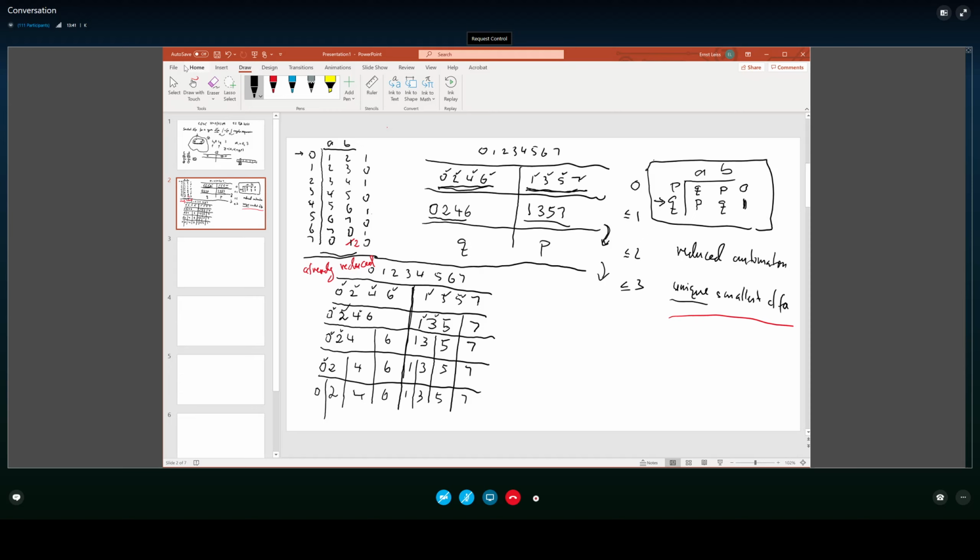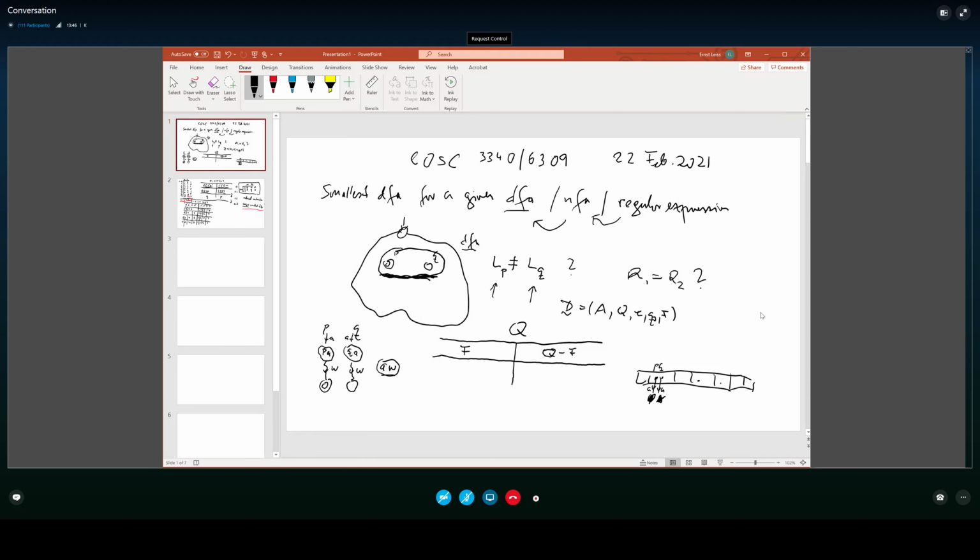However, as I indicated, one way in which you need the reduced automaton is if you want to answer a question. Here are 2 regular languages. I give you 2 regular expressions, and you construct the corresponding DFAs for those 2 regular expressions. Do these 2 regular expressions denote the same language?